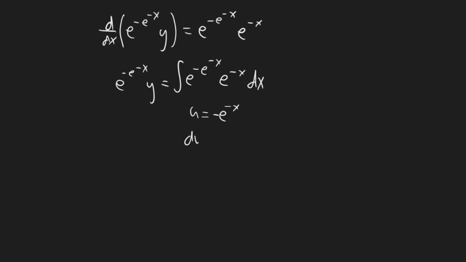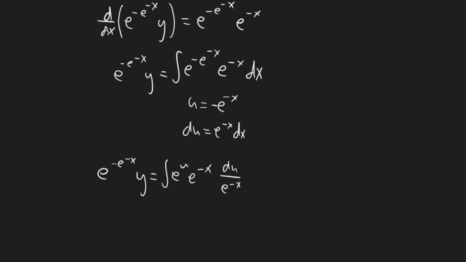All right, so then du equals negative e to the negative x dx, because the negative from here came down and canceled with the negative that was already there. So we can say e to the negative x times y equals the integral of e to the u times e to the negative x times dx, but dx is actually du over negative e to the negative x.